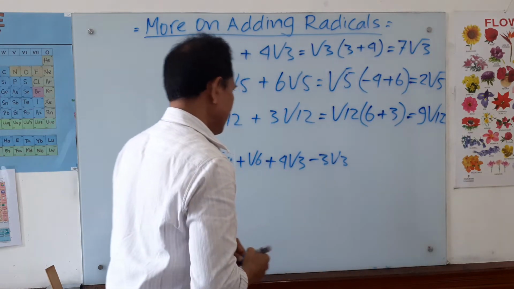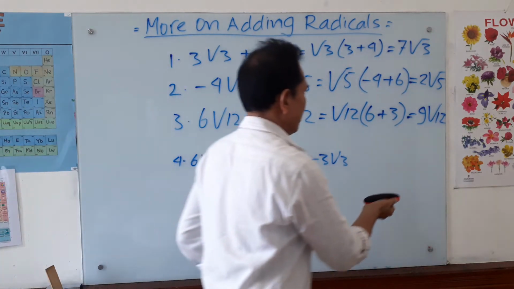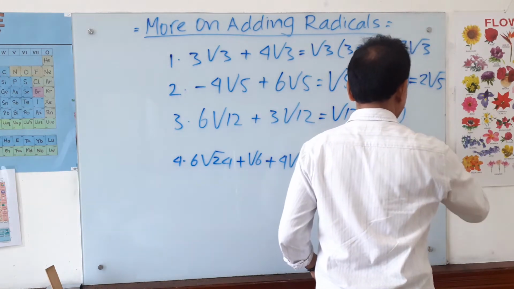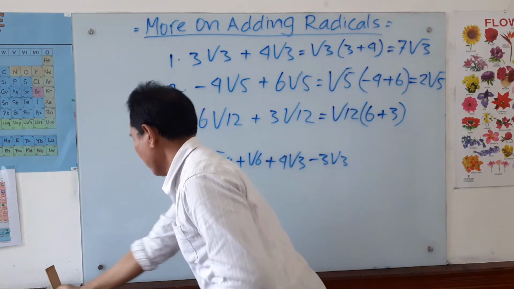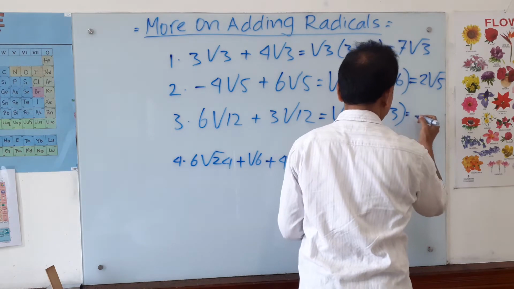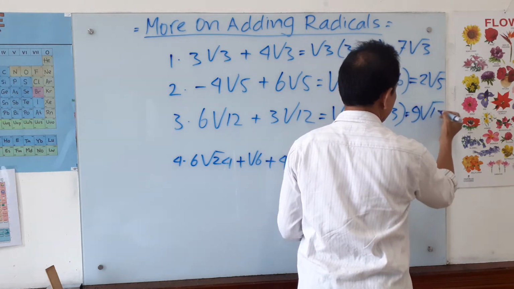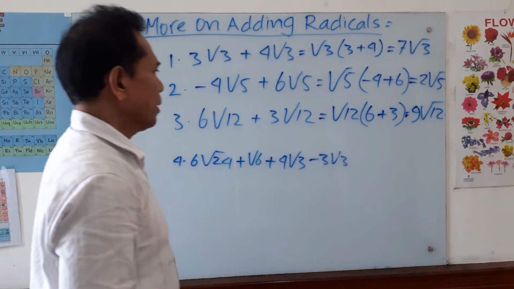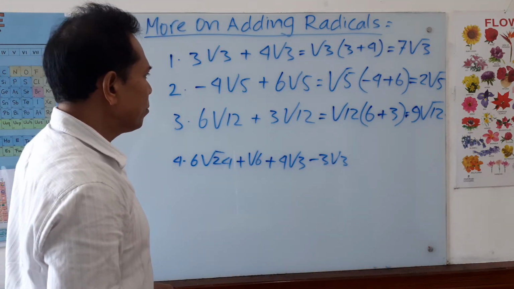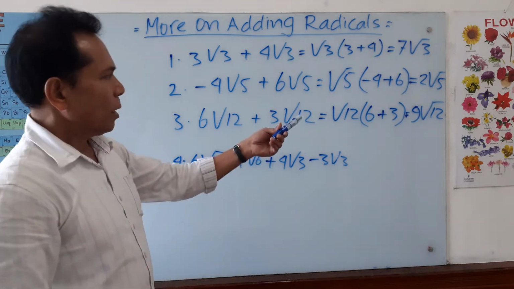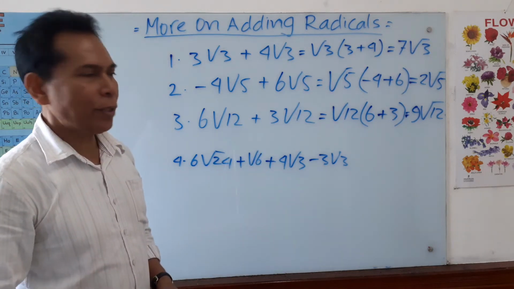9 square root 12. That's not clear enough. I make it clear so you can see it. So this is 9 square root 12. That's better. We look here, 9 square root 12, we need to simplify.